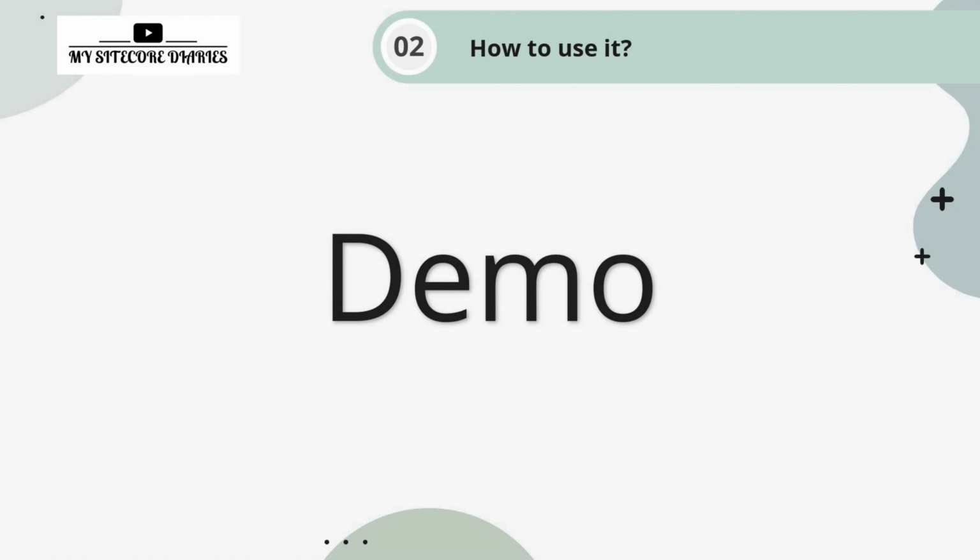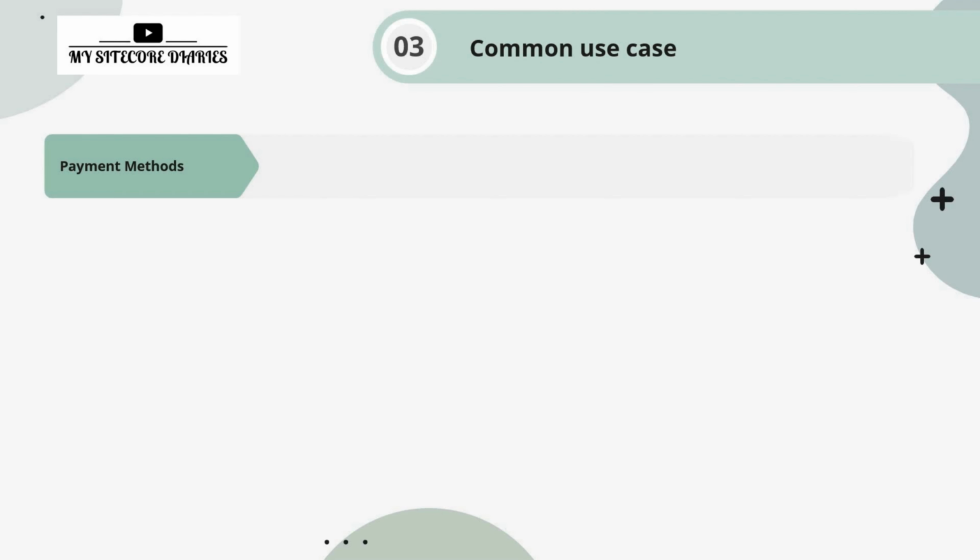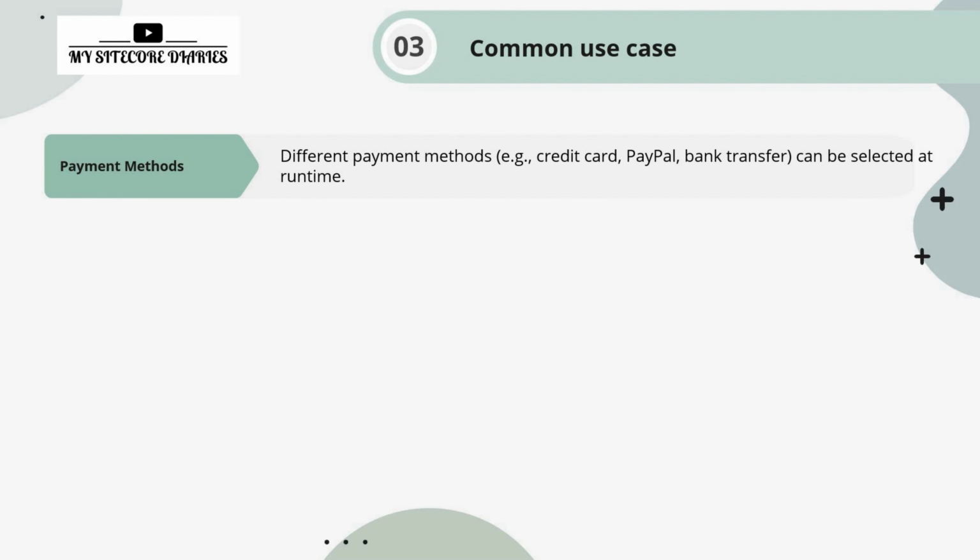Now we have seen the demo of the strategy pattern. Now you must have understood how it works. Okay, so let's see now what are the common use cases. As you have already seen in the example, it basically works on algorithms, right? Different algorithms. So the use cases are also related to that, like payment methods.